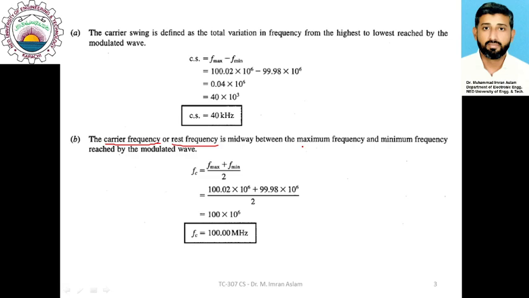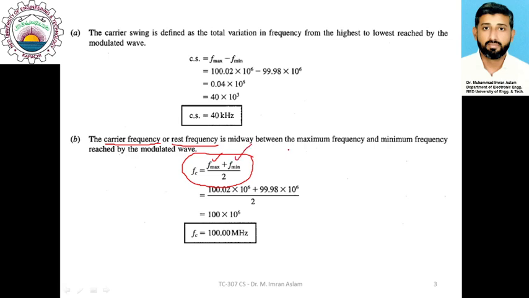So delta F represents the maximum positive change obtained through frequency modulation, and minus delta F represents the maximum negative change. Since we are taking the symmetrical change on both sides of the carrier frequency, we can say that the carrier frequency should be halfway between the maximum attained frequency and the minimum attained frequency.